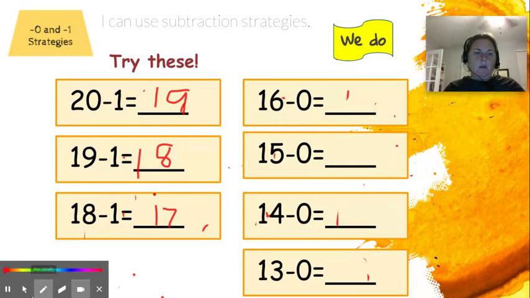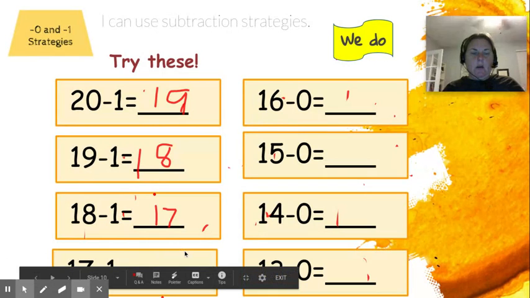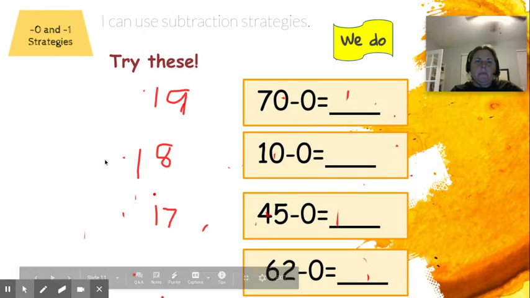Popping back 1. And there's one more there that you won't be able to see. This will kind of be guarding it, but it's 17 minus 1 equals 16. Okay, let's go to the next one.